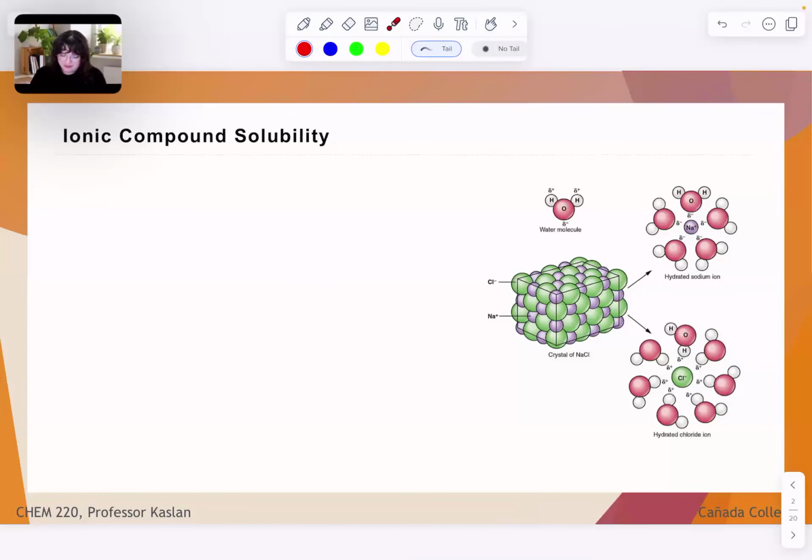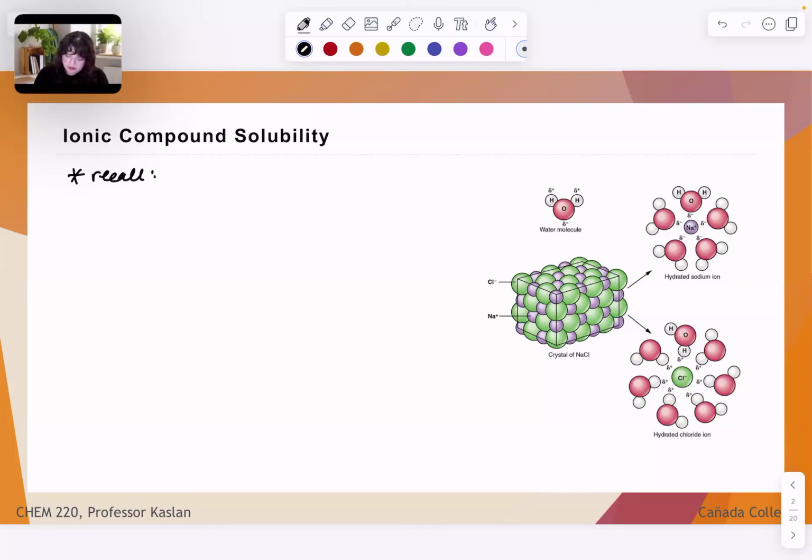So let's start with this tried and true image we've seen a bunch of times in my class of sodium chloride dissolving. Let's remind ourselves about what happens when an ionic compound dissolves in water.